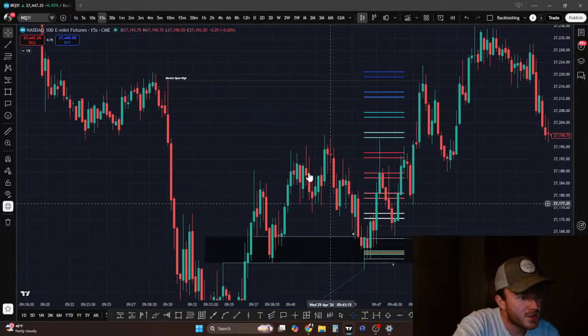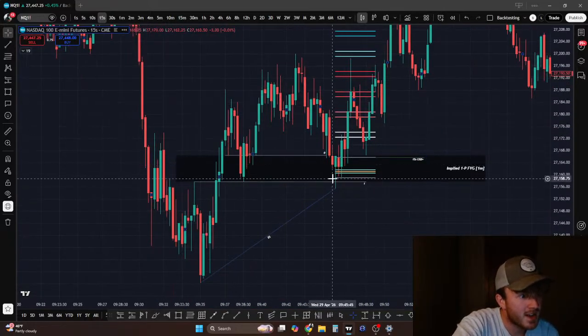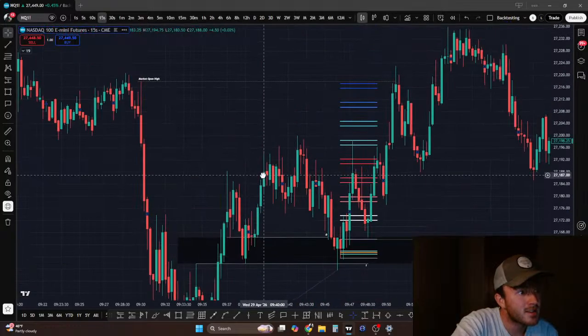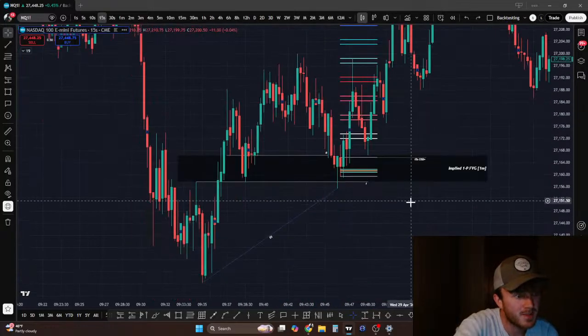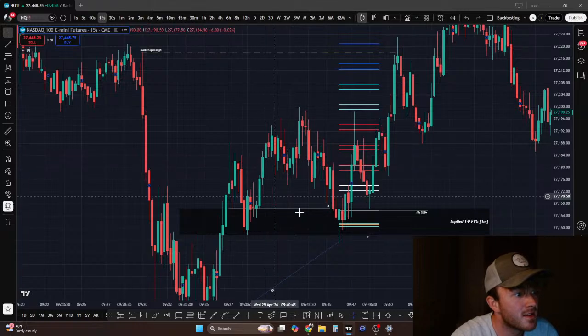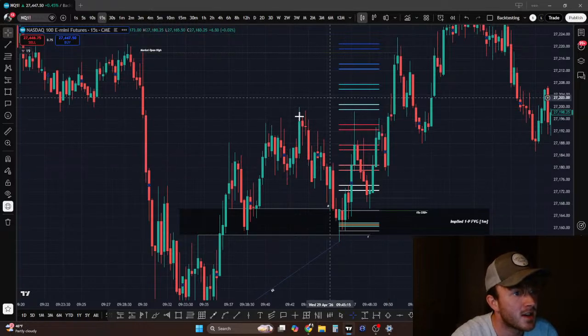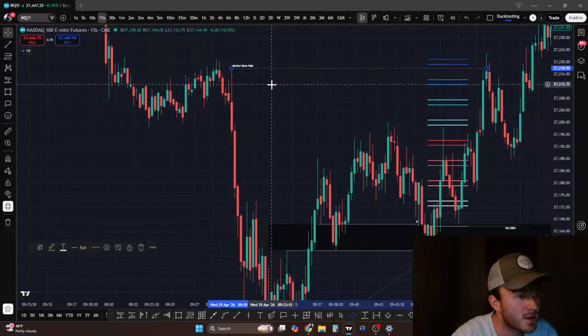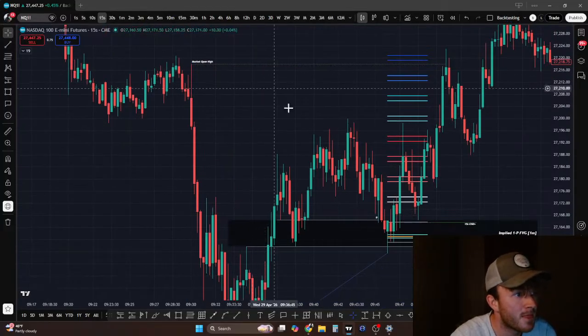Market open high, 8 projections. I'd project it out like that. You could also project it out maybe like that. Is that better? Honestly, I don't think that's better because I'd have stop loss there. So then you have 4 projections, 8 projections, market open high, boom.